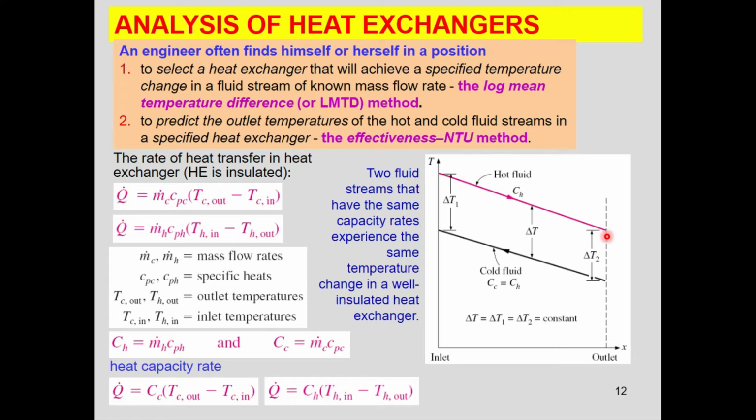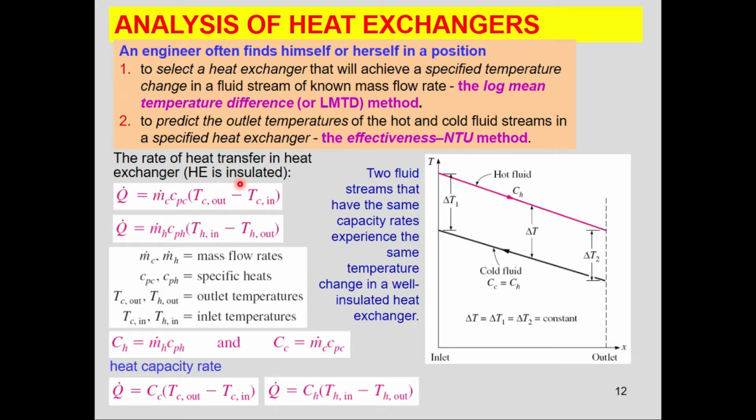For this case, the rate of heat transfer in the heat exchanger is given by these two equations, assuming that the heat exchanger is fully insulated, so no heat is transferred to the environment. There is only heat exchange between the hot fluid and the cold fluid.